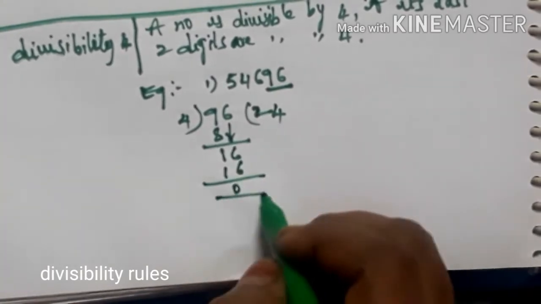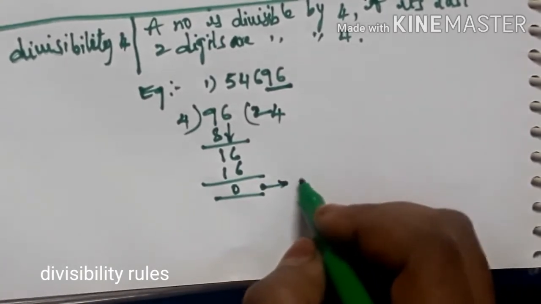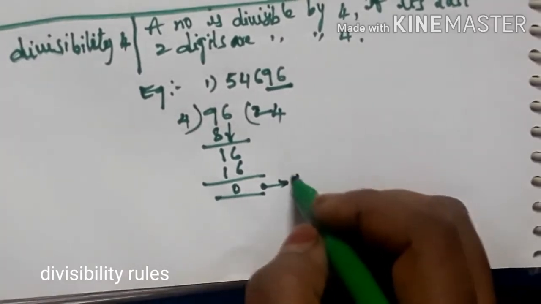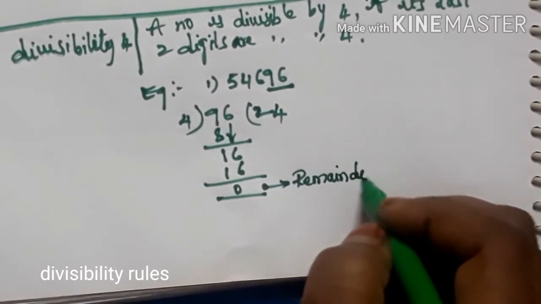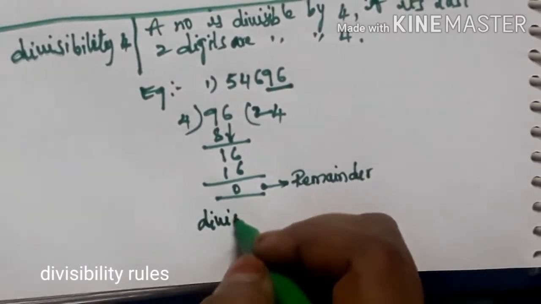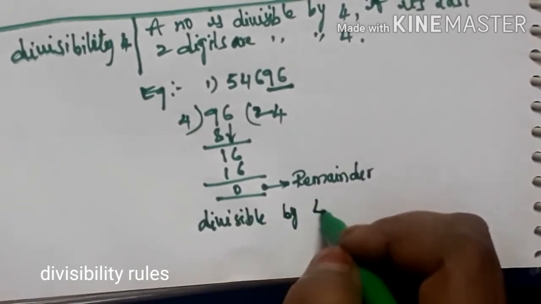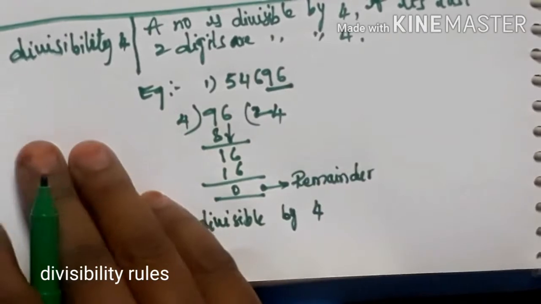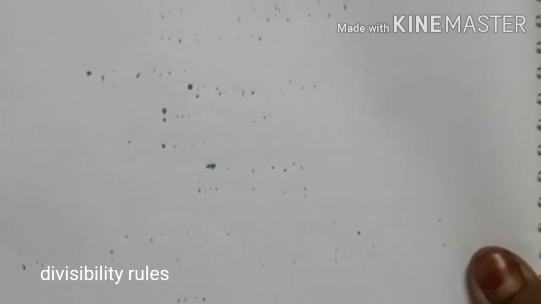So you are getting 0 as remainder. So this number will be divisible by 4. 54,696 is divisible by 4. If you are not getting 0 as remainder, it won't be divisible by 4.